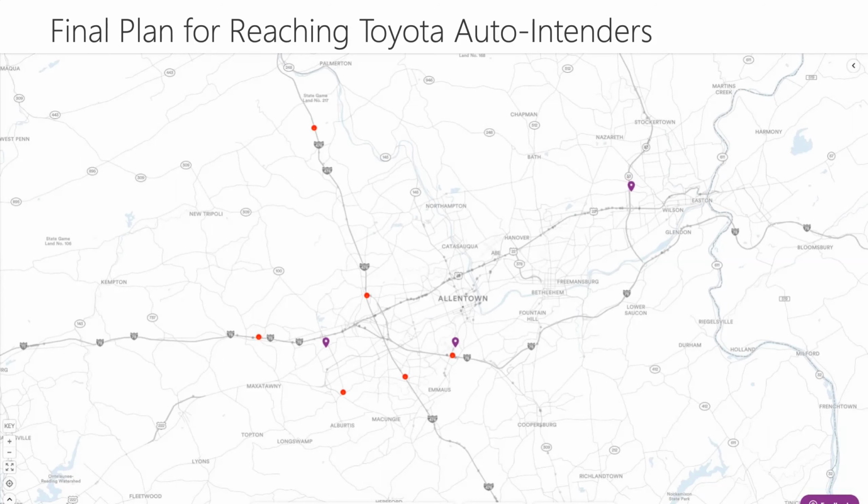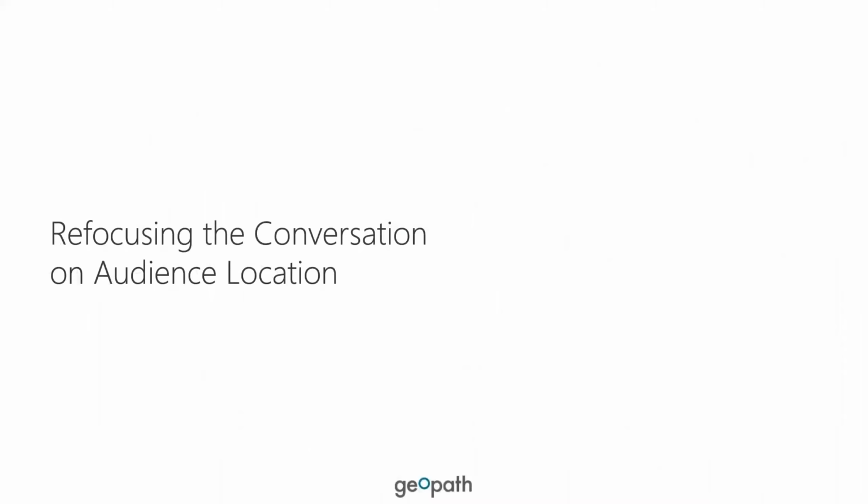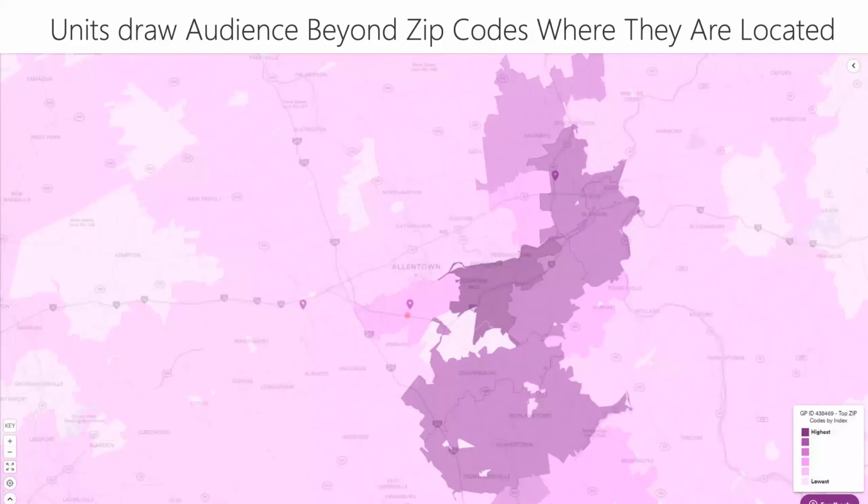Mm-hmm. But as we start to dig into things and look at a board by board case and see how different zip codes are indexing against the board locations, that really opens things up and shows that it's not really about exactly how the inventory is laying out across the market, but who's driving past those boards, what audiences they're reaching.